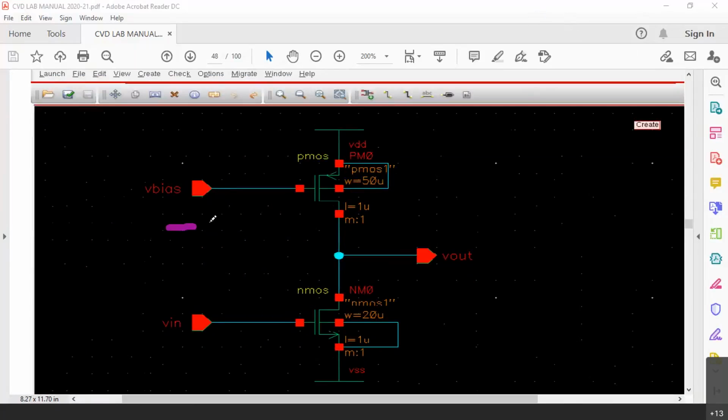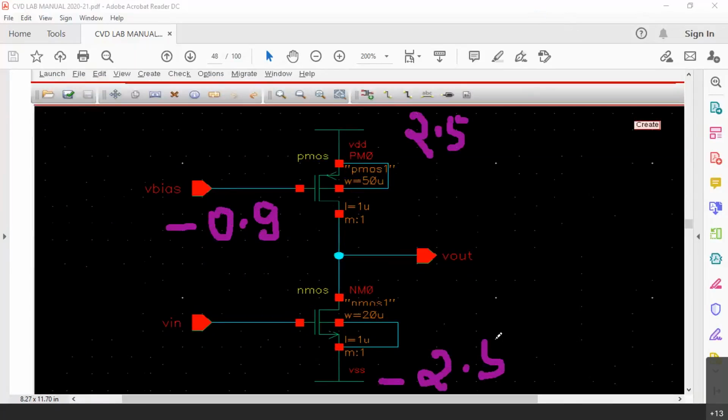This is now minus 0.9. And this is now 2.5. This is minus 2.5. And then you will have an input signal here and you will have an output signal here.